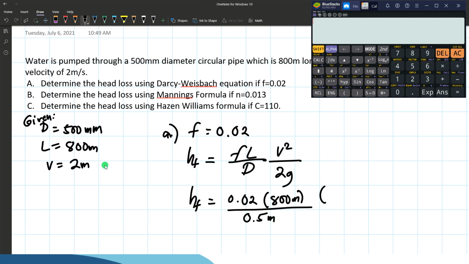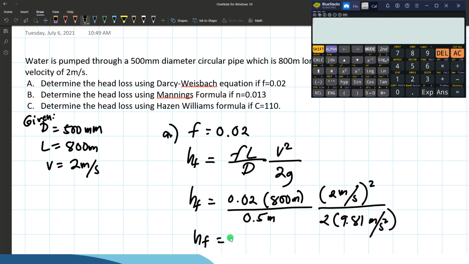V is 2 meters per second raised to 2 over 2 times 9.81 meters per second squared. So hf is equals to 6.524 meters.